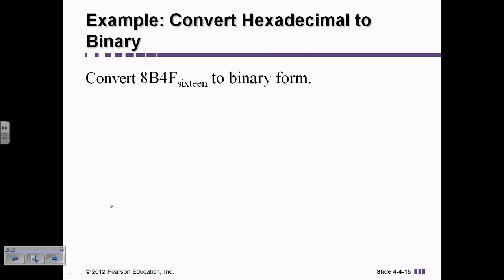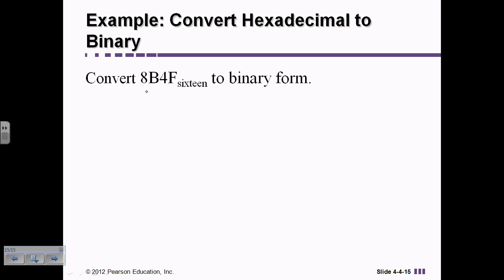So when you look at this problem, when we want to convert 8B4F from base 16 to binary, what some people find easier is to take this number and convert it from base 16 to base 10, and then take the base 10 and convert it to binary. But there is a shortcut.